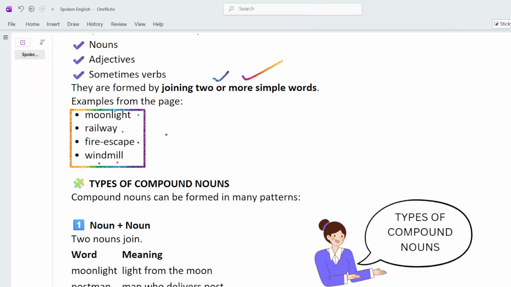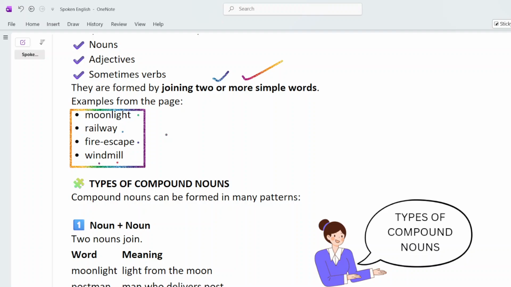All right. Now, let's look at the types of compound nouns for today. Okay. Now, before that, I would just want you to think about this as you already use compound words every day. However, you know what, my friends? That is without noticing. Okay. These are compound words, but we have already been taught these as they are.